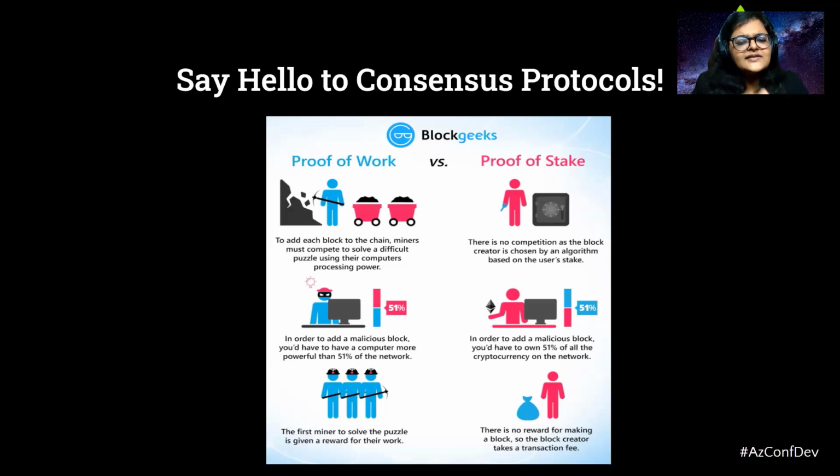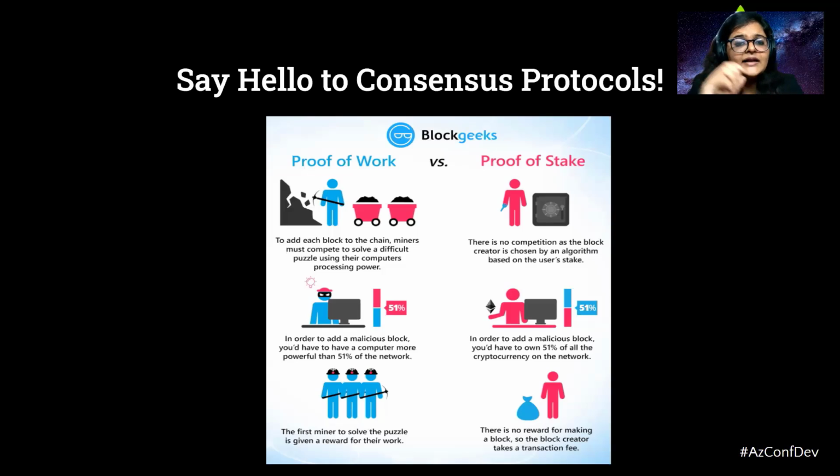As the number of participants in the network keeps increasing, this computational problem also keeps increasing exponentially. So, in proof of work, each miner must compete, or rather, the ecosystem of miners must compete to solve a difficult puzzle using their computer's processing power.